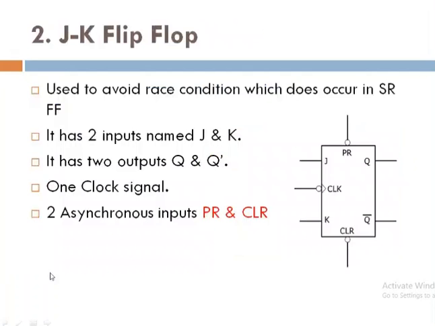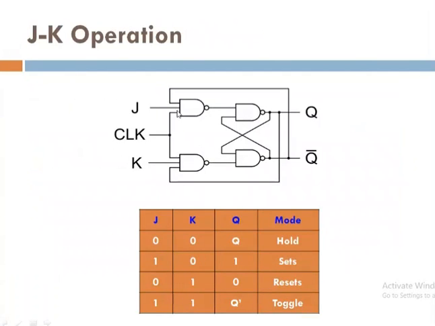Now here you can observe the JK flip flop. Here three inputs are considered: one is the J input, second is the clock. Here the K input, second is the clock, and the third input is coming from the feedback of your Q bar. And for this second AND gate, not NAND gate, the third input is coming from the feedback of your Q.